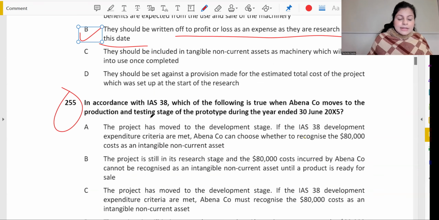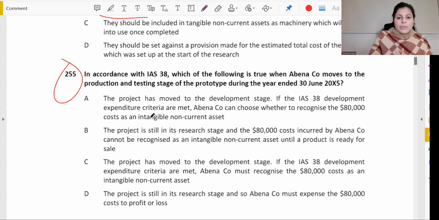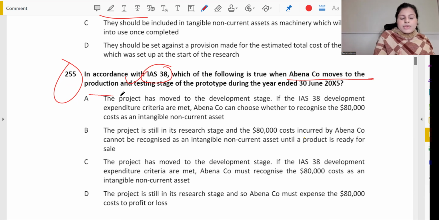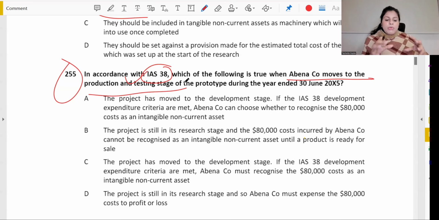But then the next, how much have you incurred? You've incurred something that moves to the production and testing stage. When you move to the production and testing stage, will that 80,000 become development? Yes, I've started production.